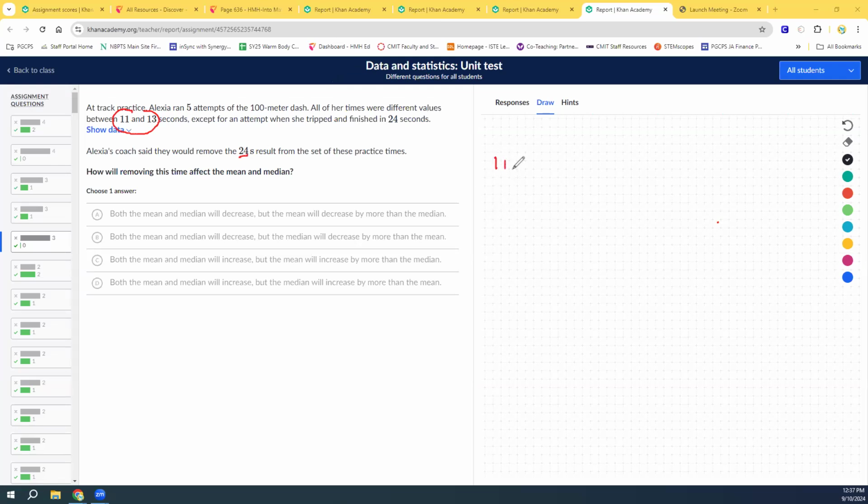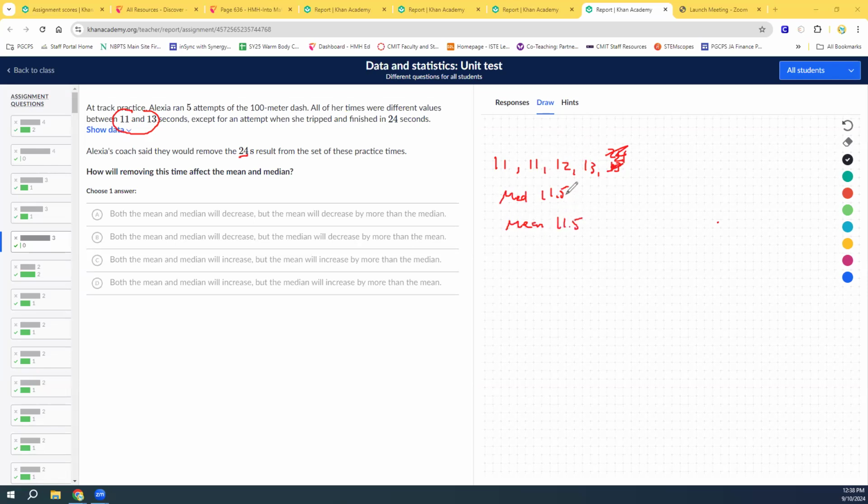So if we add that in, it's not going to be good for her score. Okay. So she has 5 attempts. Let's say it's 11, 11, 12, 13, and the 13. 1, 2, 3, 4, 5. Oh, except the last attempt was 24. So you could do the math and you can see, if I exclude this one and just do these, then my median is going to be 11.5 and my mean is going to be probably 11.5 or 12, right?